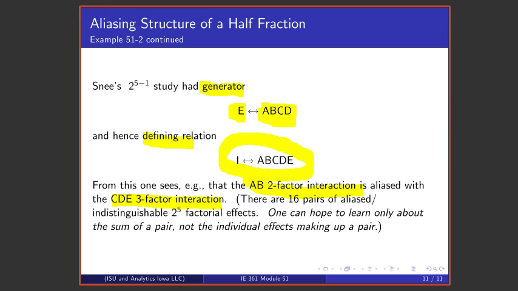In Snee's study, instead of having to look at 32 different combinations of levels of A, B, C, D, and E, you only looked at 16. Ultimately, when one goes to do data analysis, one has 16 pairs of indistinguishable 2 to the fifth factorial effects. One can learn about the sums, about 16 different sums, not the individual 32 components that make up those sums.